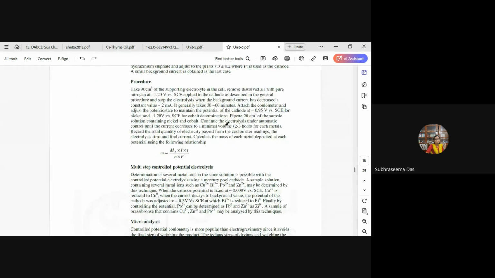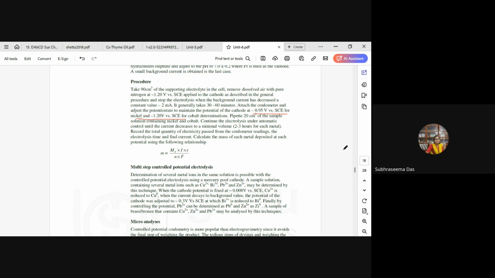Then the procedure is: we take 90 ml of the supporting electrolyte in the cell. The air is displaced with pure nitrogen, at minus 1.2 volt versus SCE, which generally takes 30 to 60 minutes. Then the coulometer is attached, and the potentiostat is adjusted to maintain the potential of the cathode at minus 0.95 versus SCE for nickel, and minus 1.2 volt versus SCE for cobalt.